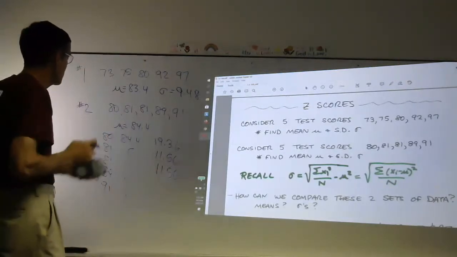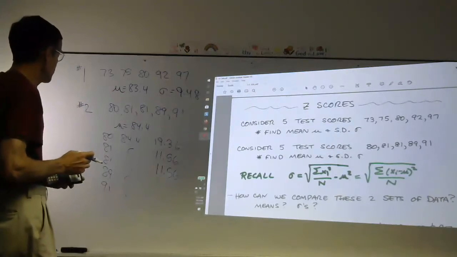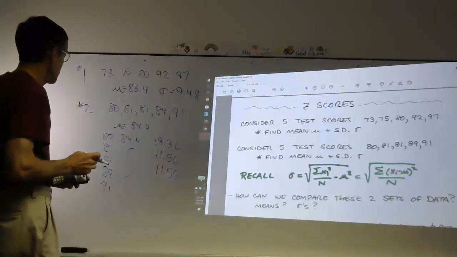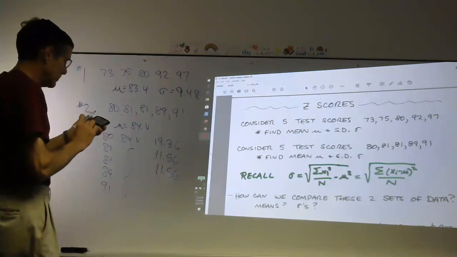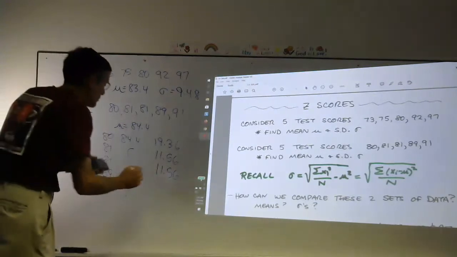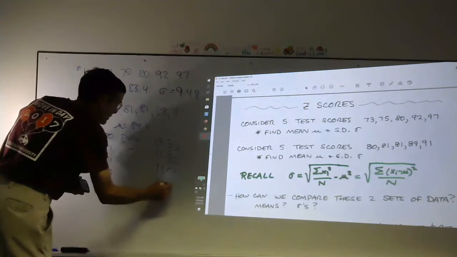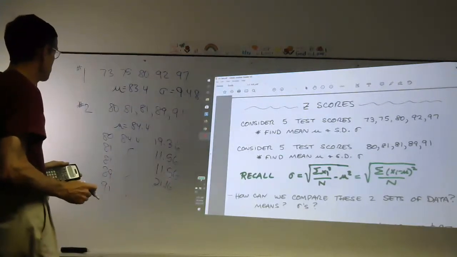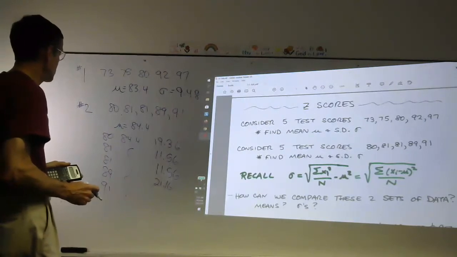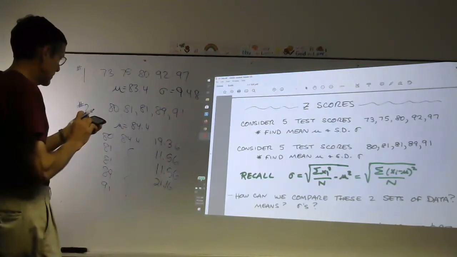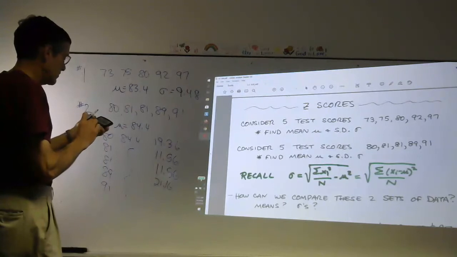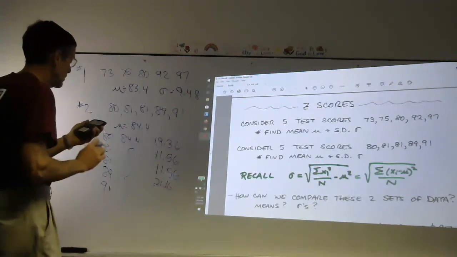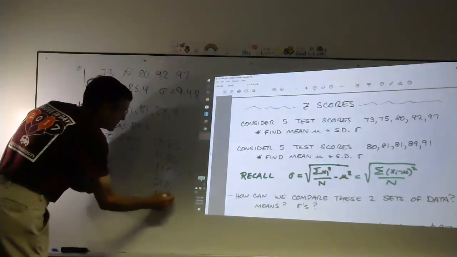89 minus 84.4, if it was just 84, it'd be 5. So it must be 4.6. 4.6 squared is 21.16. And the last one, 91 minus 84 would be 7, so it must be 6.6. Okay, so 6.6 squared is 43.56.